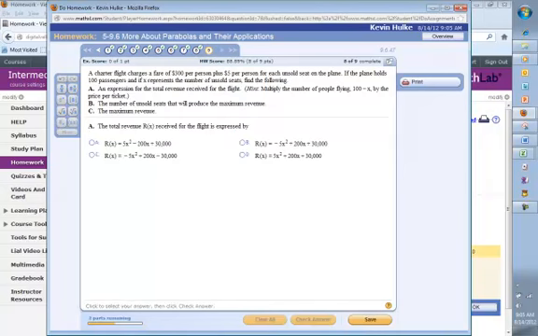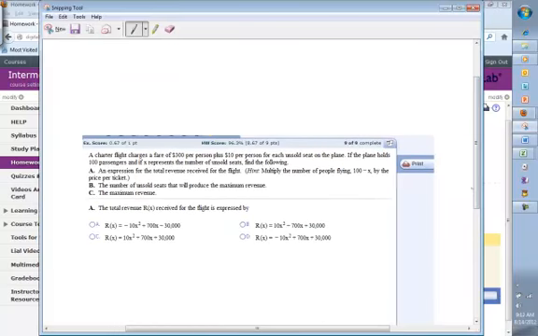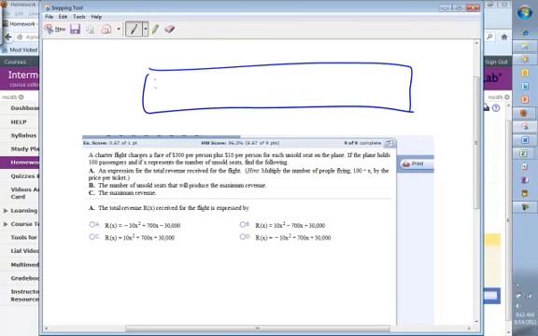Okay, a charter flight charges a fare of $300 per person plus $10 per person for each unsold seat. If the plane holds 100 people and X represents the number of unsold seats. So here's the plane, here's the 100 seats.